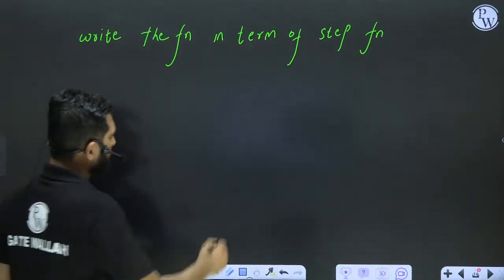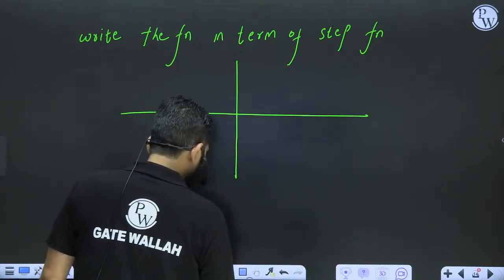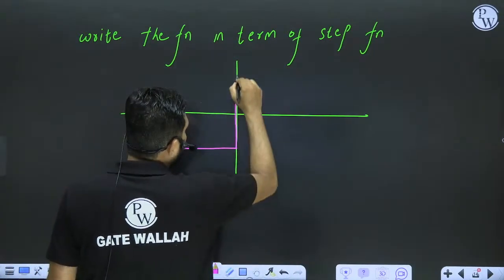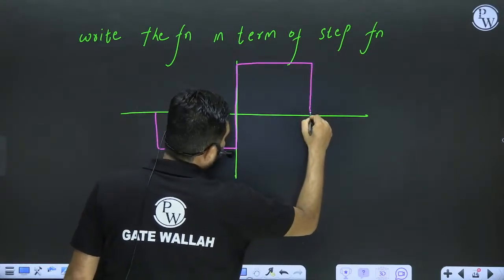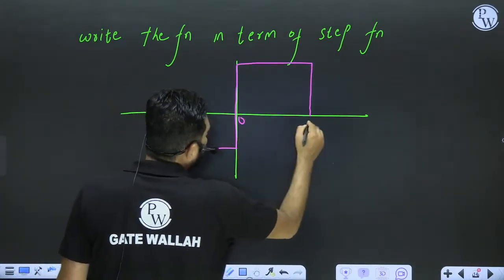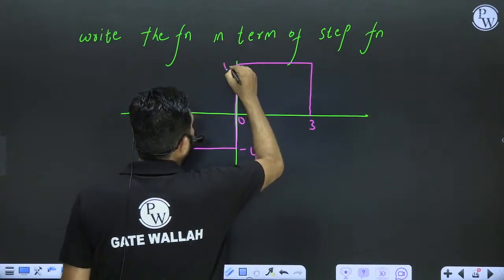For example, this function. It has points at -3, 0, 3. This is -4 and that is 4.